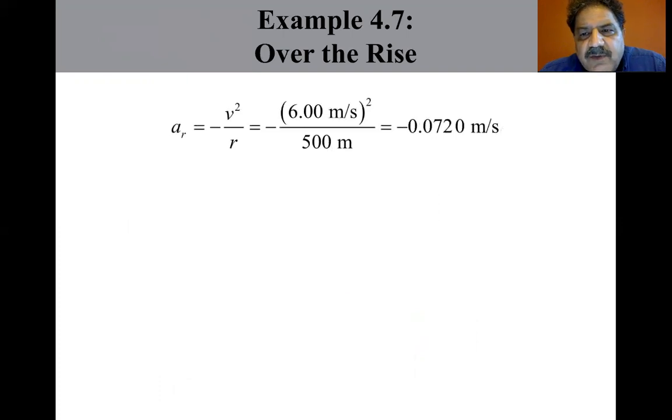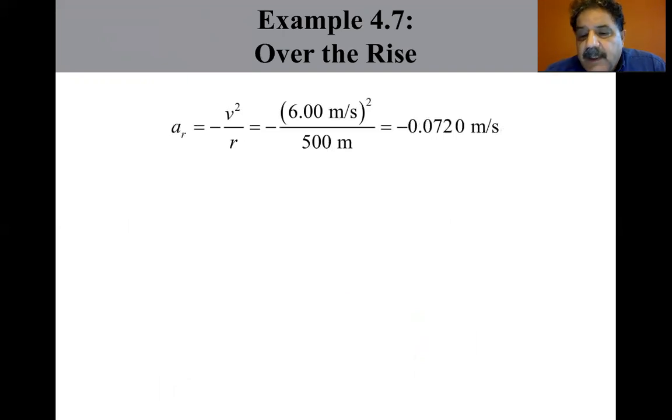There's an error there. That should be minus 0.0720, and it should be meters per second squared. Remember, this is an acceleration, so it has to be meters per second squared. They just misprinted it on the slide.